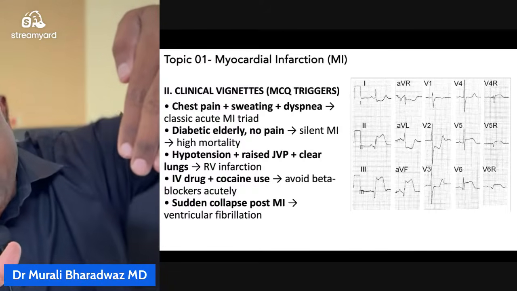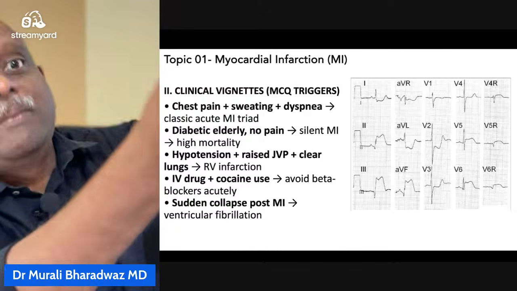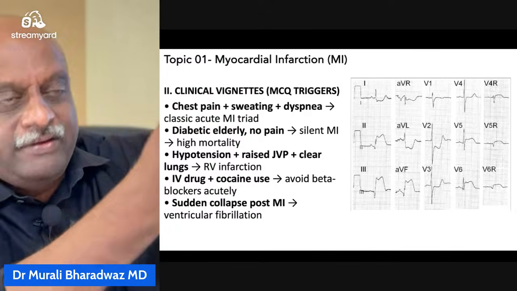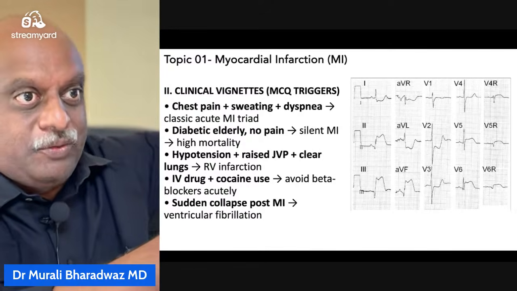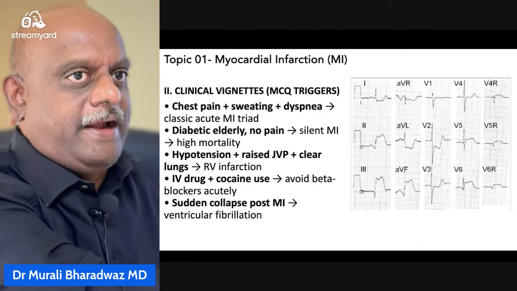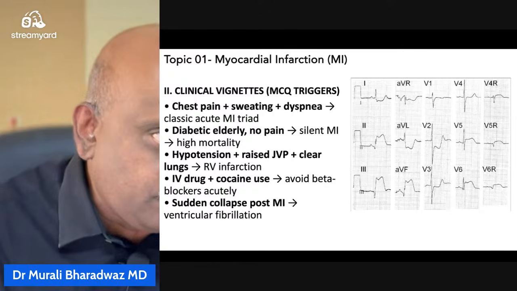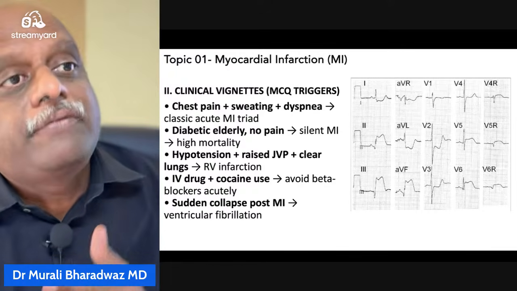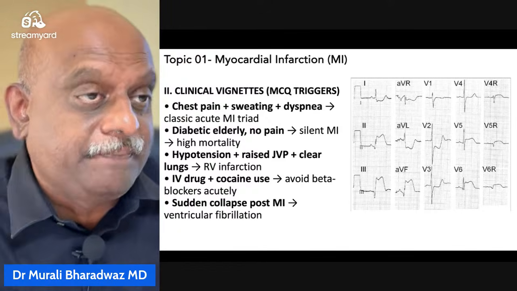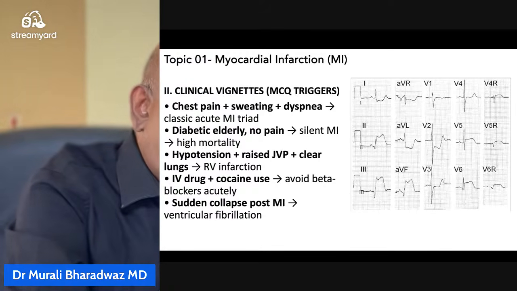If left ventricular infarction is there, left ventricular pressure increases, left atrium pressure, which is behind it, increases. Pulmonary vein pressure will increase, and that leads to pulmonary edema. So dyspnea, pulmonary edema is the presentation of left ventricular infarction.